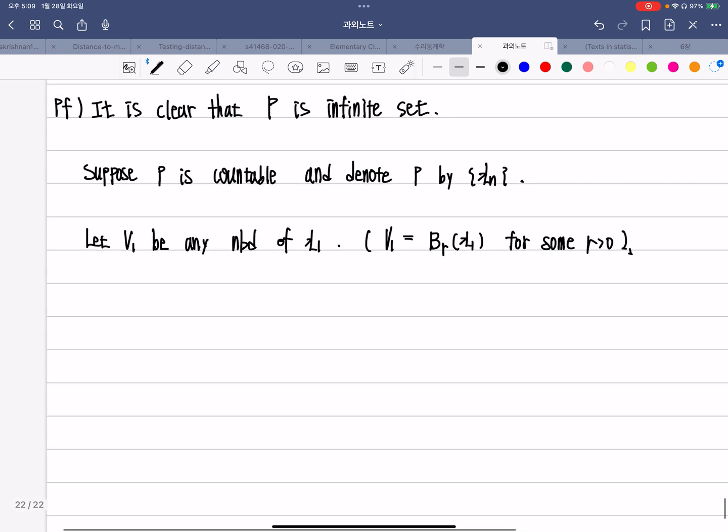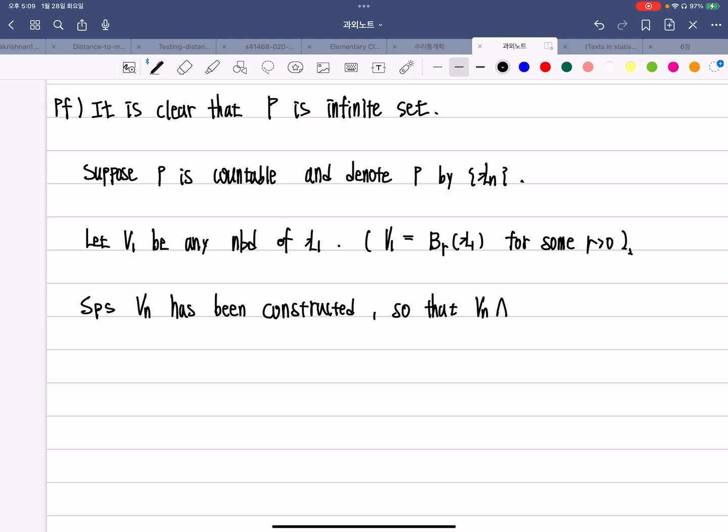We will use an induction argument. Suppose Vn has been constructed so that the intersection of Vn and P is not empty.